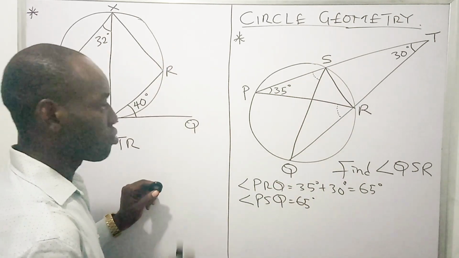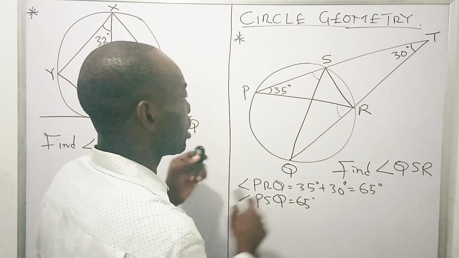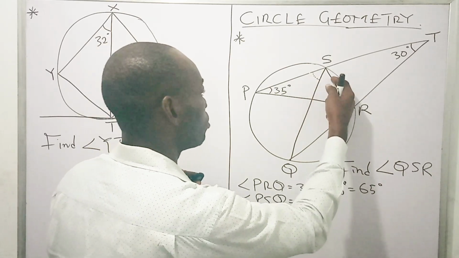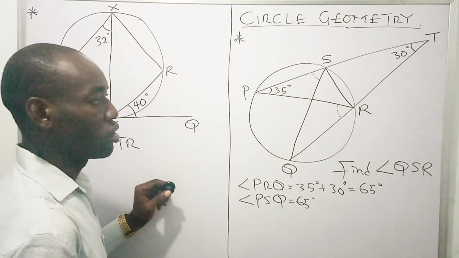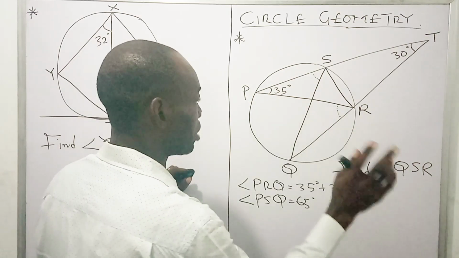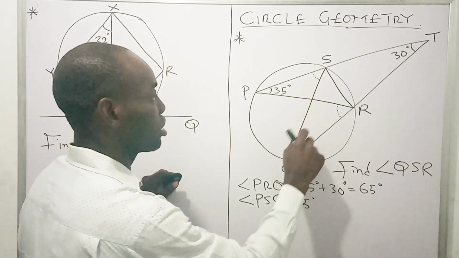Also again, we are meant to understand that angle in a semicircle is equal to 90 degrees, because from the question we are told that PR is the diameter, even though it's not clearly shown in the center.